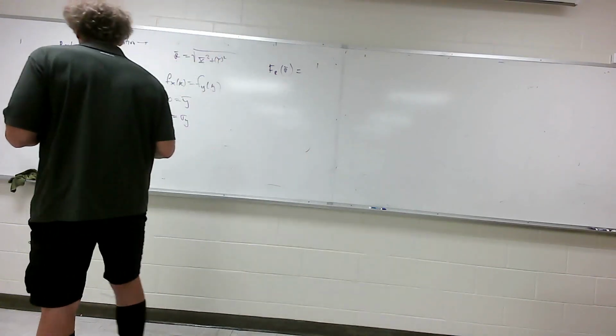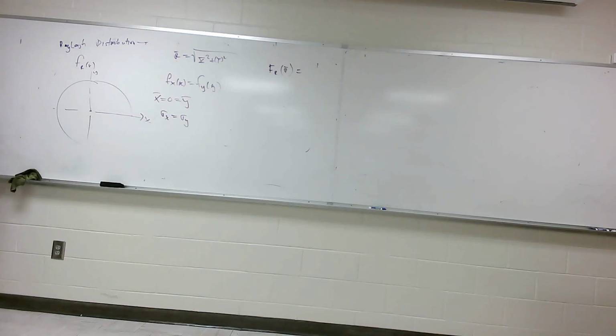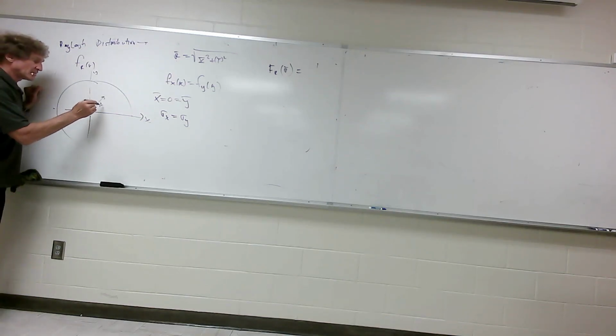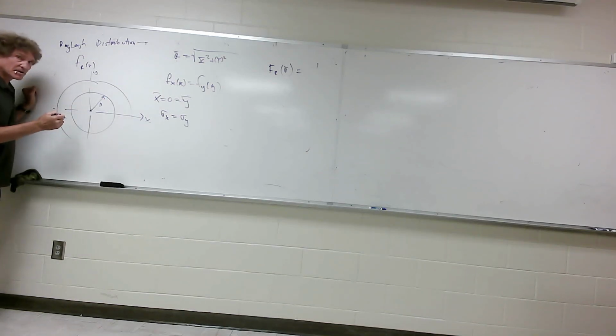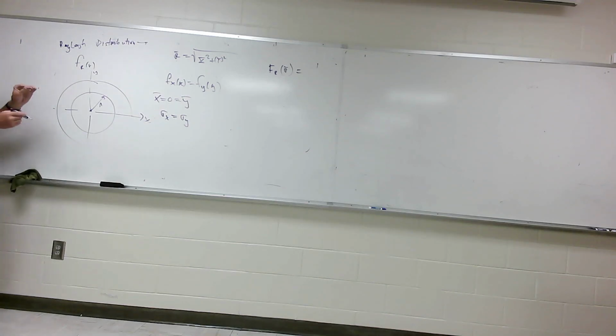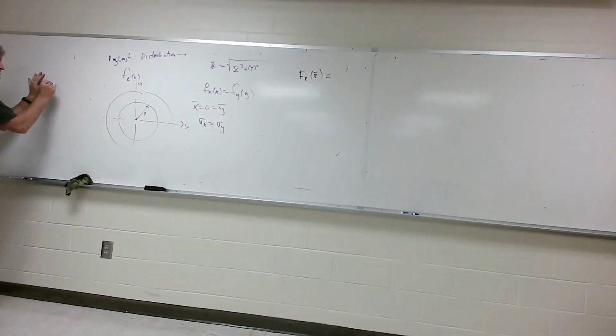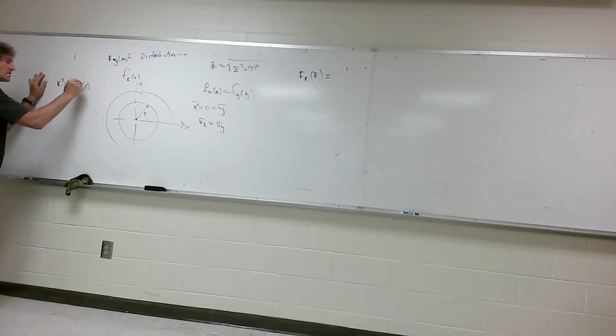This is what I don't like. He doesn't even do the proof. If I say a random variable r here, that's going to have a circular cutout right there. So if I give you a value for r, I know that r squared is equal to x squared plus y squared.